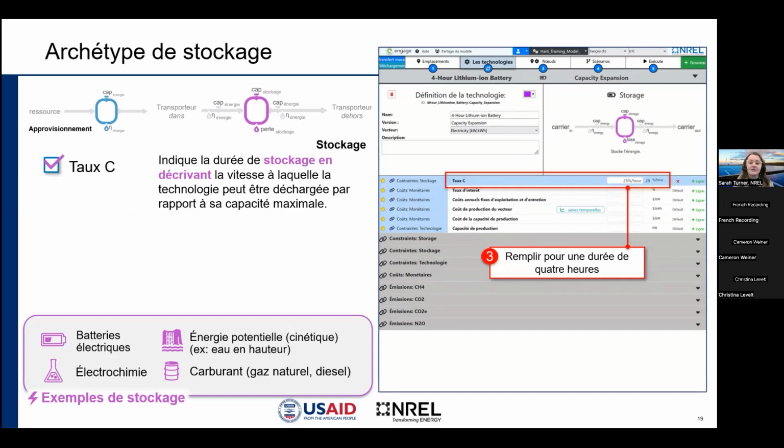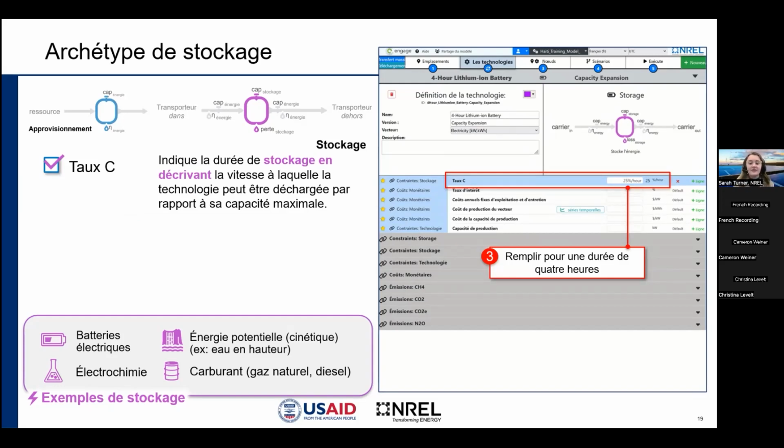Storage technologies in Engage come with a variety of different parameters that enable modelers to reflect real-world operational constraints, such as the storage duration of the technology.